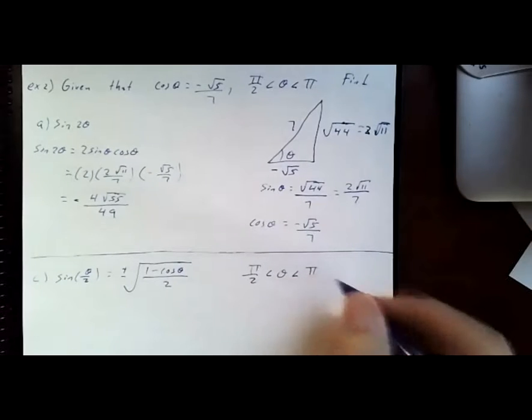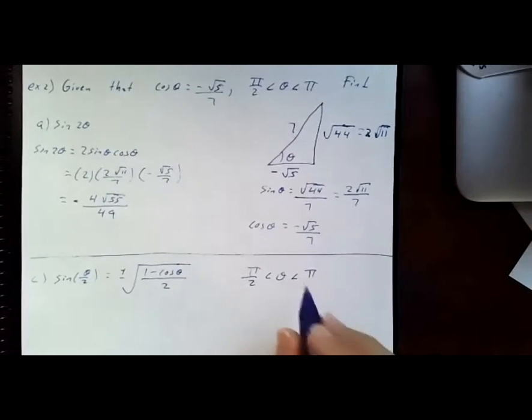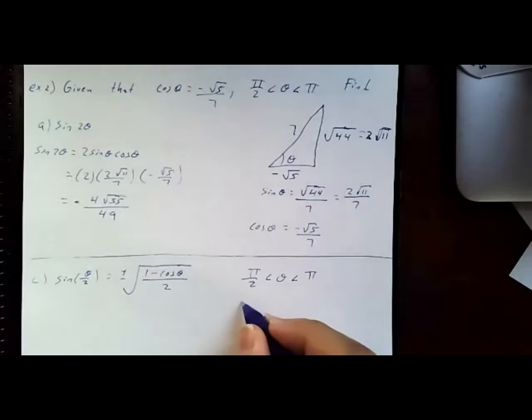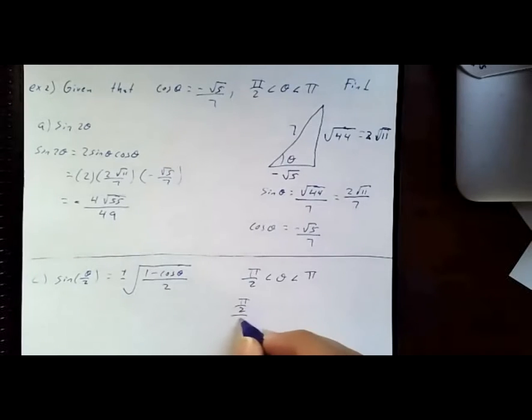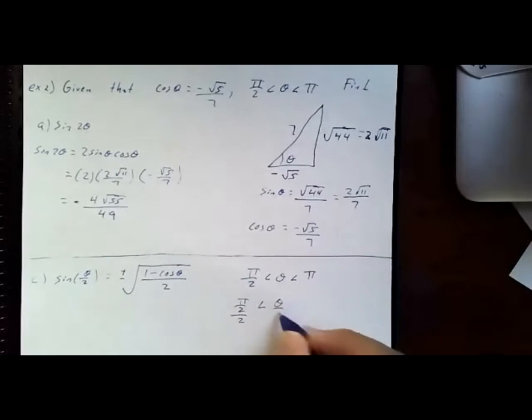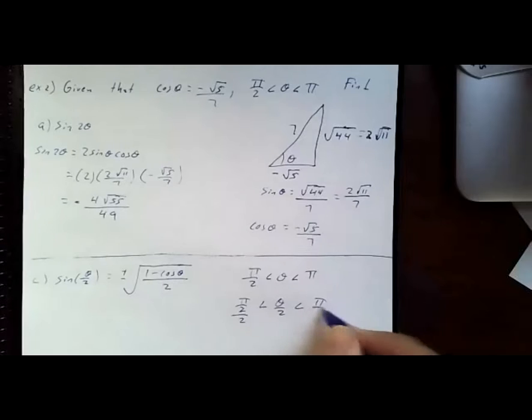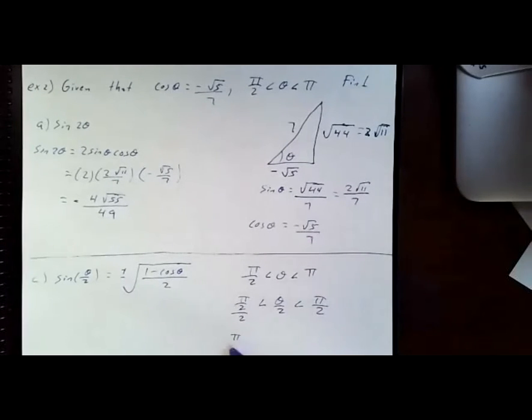So where is the half angle? Where is theta over 2? You'd have to divide everything by 2 to see it.